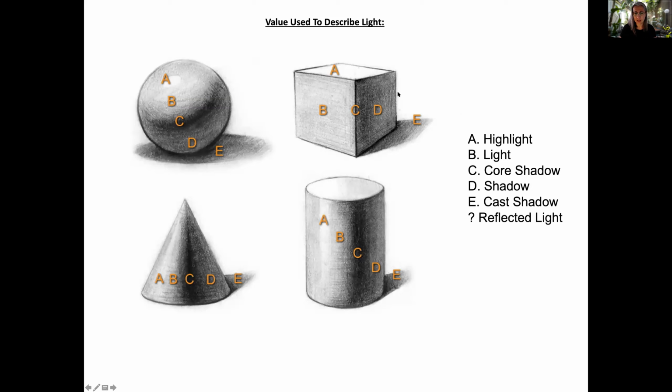And then reflected light, we usually see somewhere in the background, somewhere within the shadow itself. And you can see that it's the same with cubes, cones, cylinders, pyramids, any other shape. We can think about most things that we see in nature as things we can actually simplify to these kinds of geometric forms.